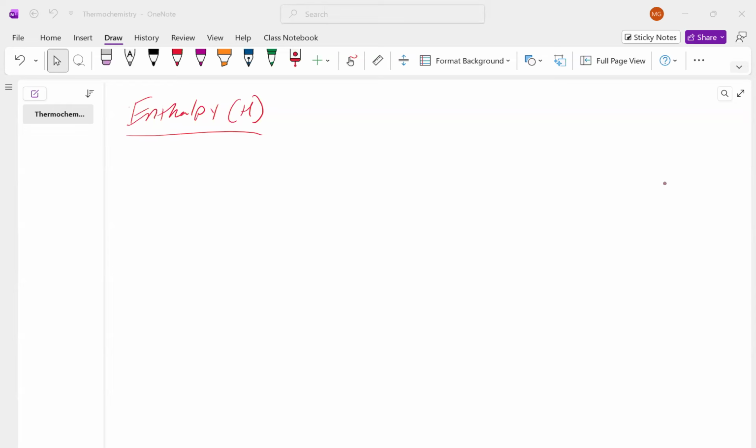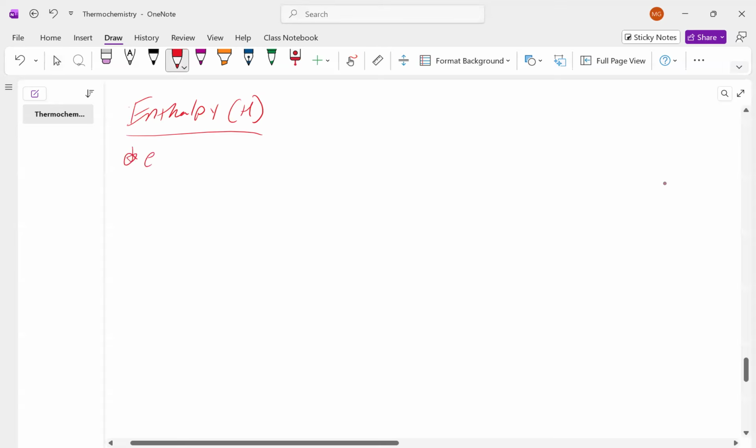It gets a little complicated. I'm not going to require knowing how to do those derivations. If you want to read through it in your textbook, I recommend it, but I'm not going to test you on how we come about enthalpy. But for right now, we're going to keep it simple.